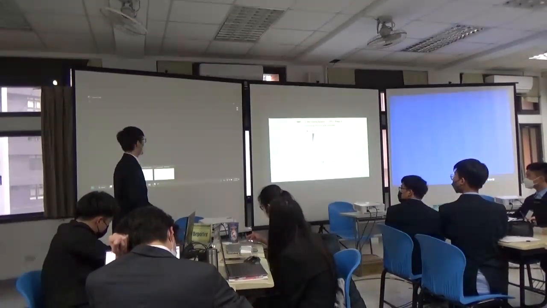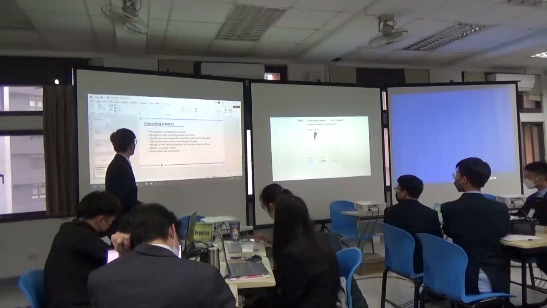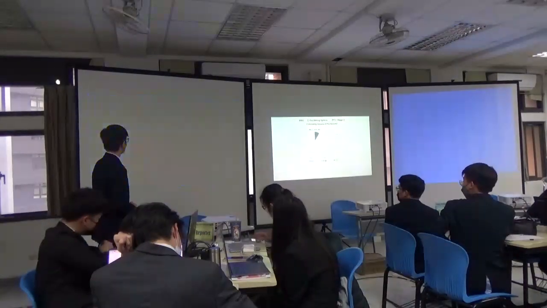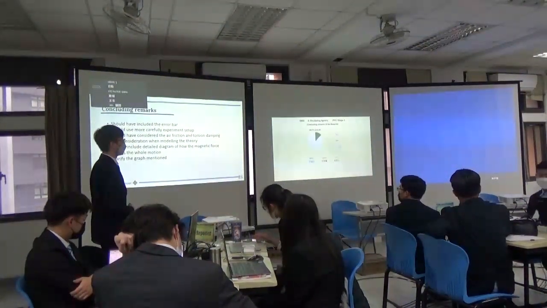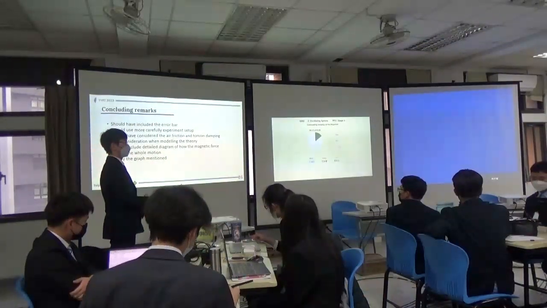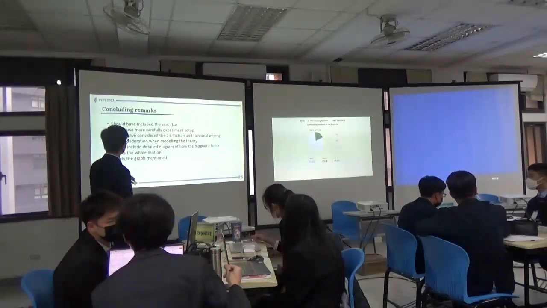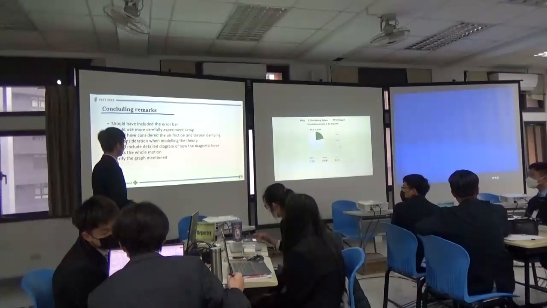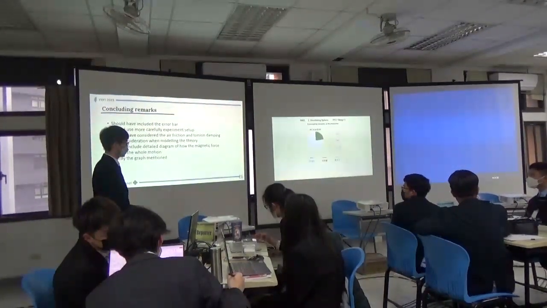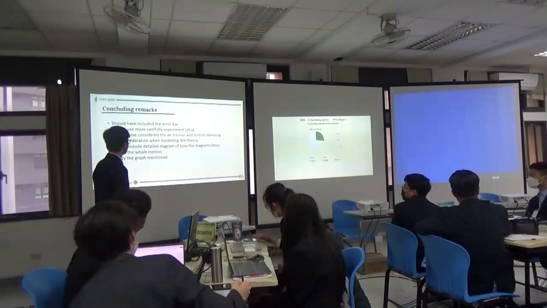Sorry about that. First, I appreciate the effort from both the reviewer and the opponent. And here are my concluding remarks. Firstly, I should have included the error bars, as both the opponent and the reviewer have mentioned. And of course, I should conduct a more careful experiment setup to ensure that there's not too much deviation in the whole process.